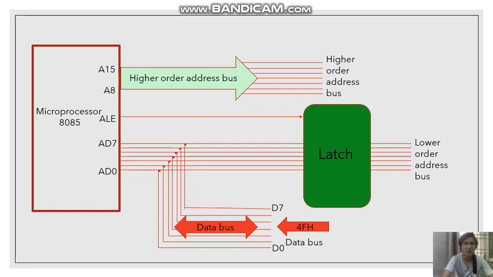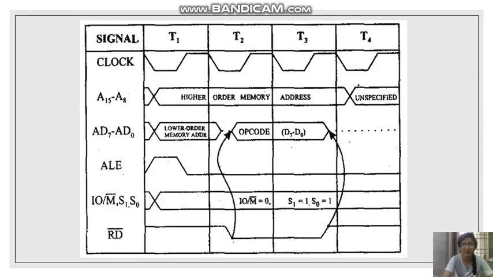So now you have an idea how the opcode fetch machine cycle will work. So let us draw the timing diagram. Here in the diagram I have shown the timing diagram in which we have a clock signal, four cycles in total, which go from low to high, and so on.